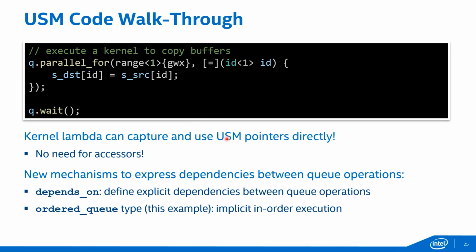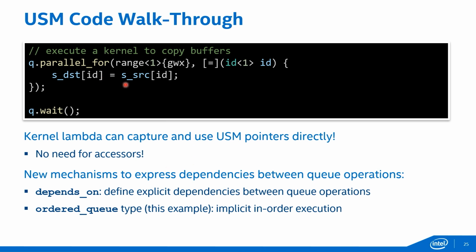We also added some new mechanisms to control dependencies between the queue operations. We've added depends_on, where we specify another event that's used to express dependencies. We also added in-order queues to SYCL, to mimic the OpenCL behavior.